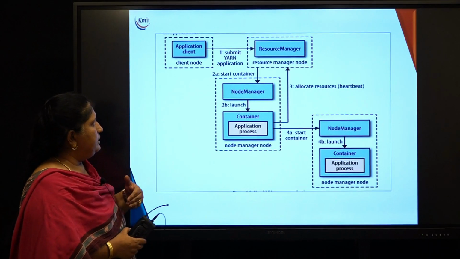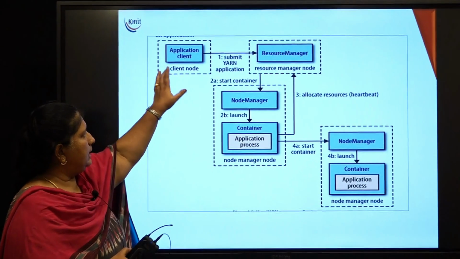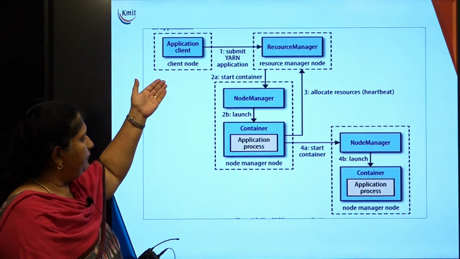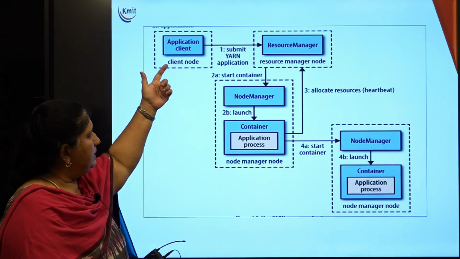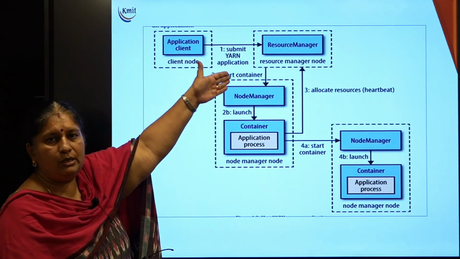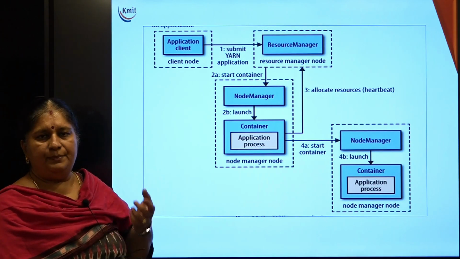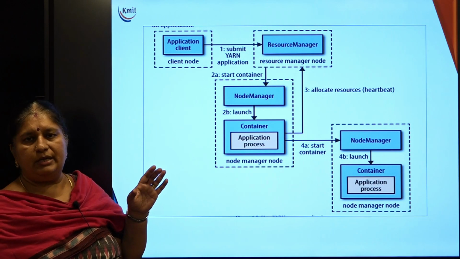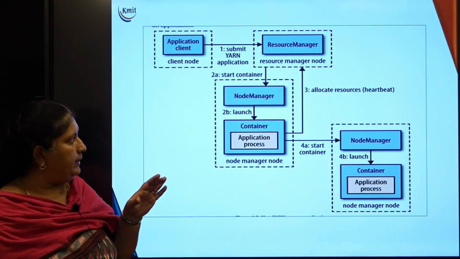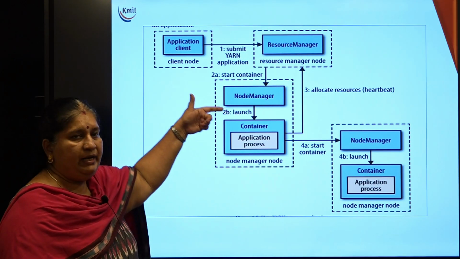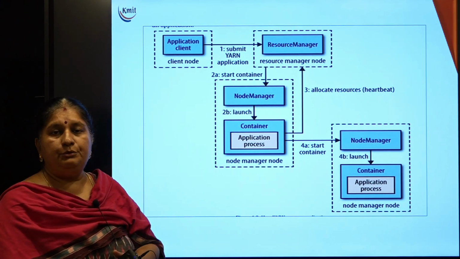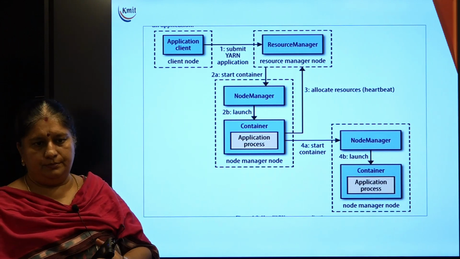Now let us try to understand. Whenever the client submits an application on the node where he is working, the submitted application goes to the resource manager, because every application needs some resources. First of all, the resource manager takes the submitted application, and it will find one node manager which can execute the application.